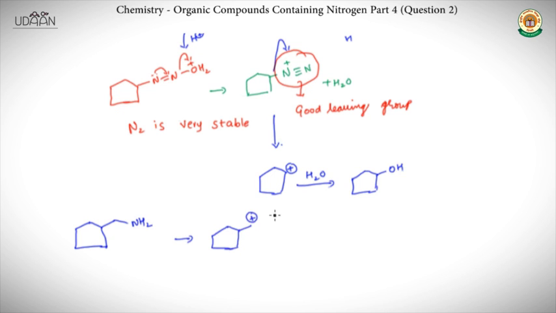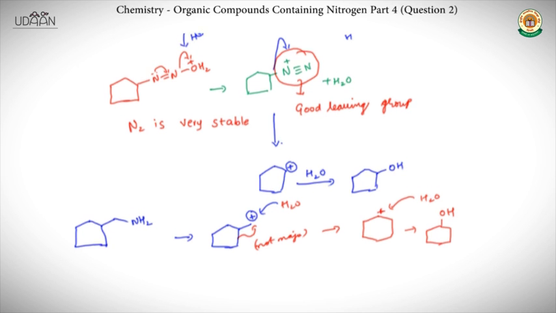Now here water can attack here, but this is not the major product, because ring expansion can happen here, and you know that a 6-membered ring is more stable than a 5-membered ring. So this is formed, and now water attacks here. You are going to get OH here.